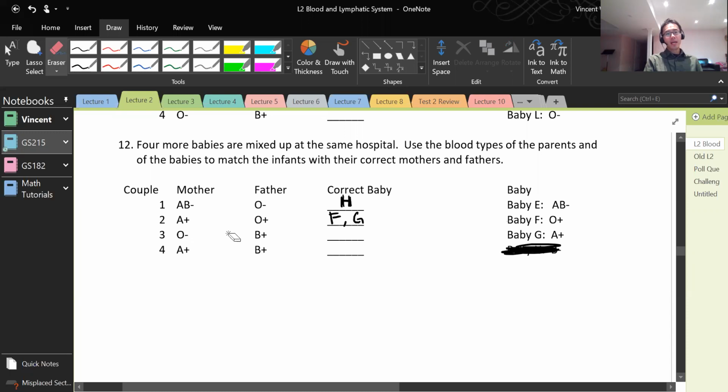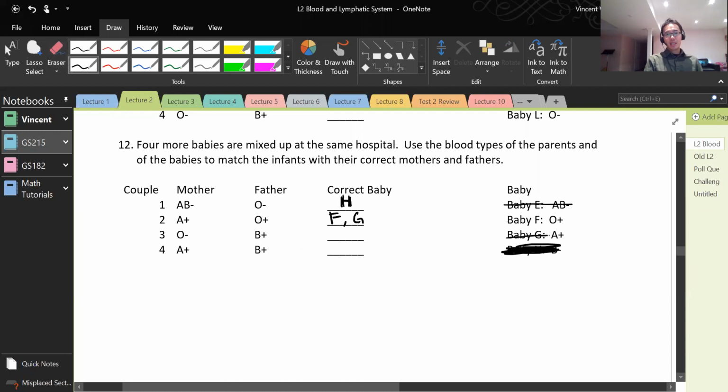Okay, so next one, O negative and B positive. Right, so if you're O, you are not going to have AB. So is it O positive or A positive? Well, none of the parents have A in this case. So if neither of them has an A, then it's impossible for them to have a type A baby.